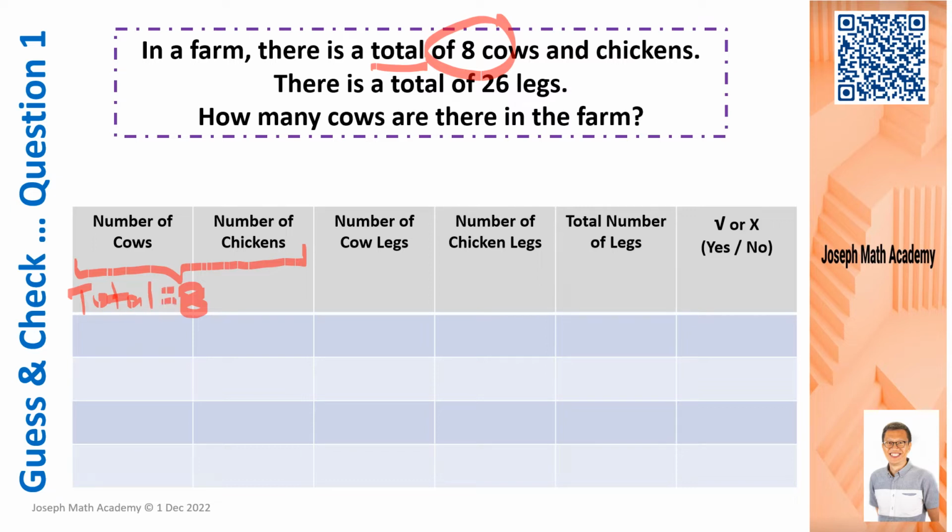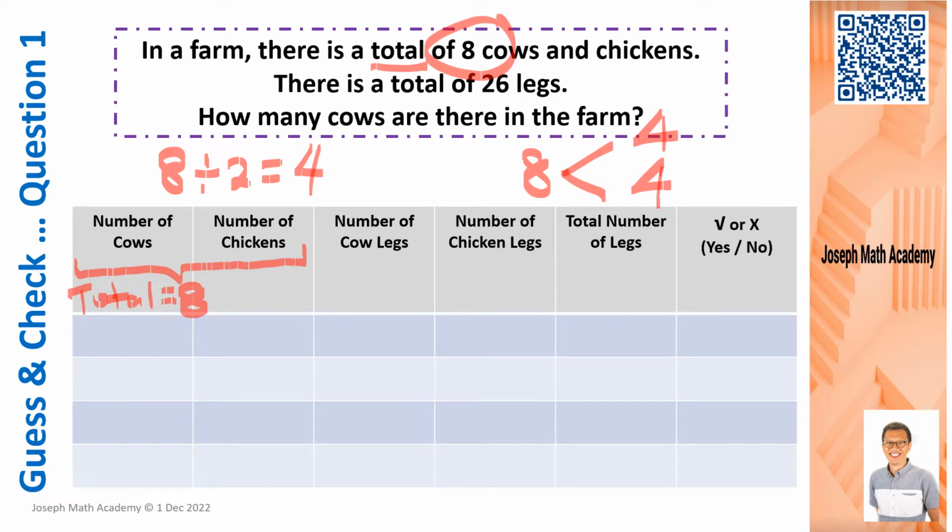Now, usually it's highly recommended to make the first guess by taking half of the total. So if the total is 8, using our primary 1 concept of number bonds, 8 is made of 4 and 4.